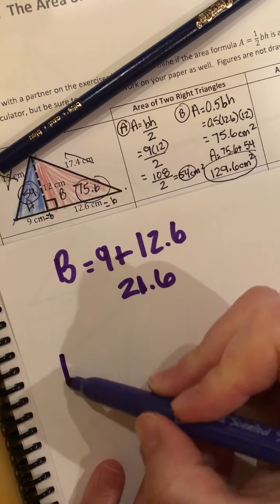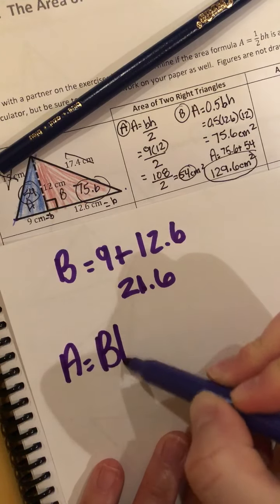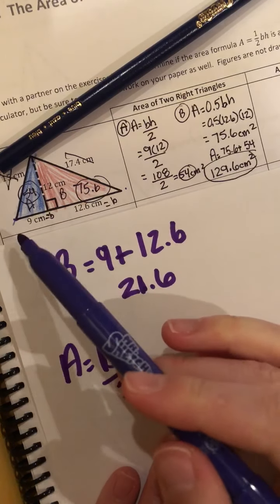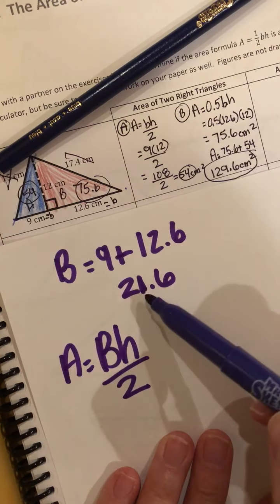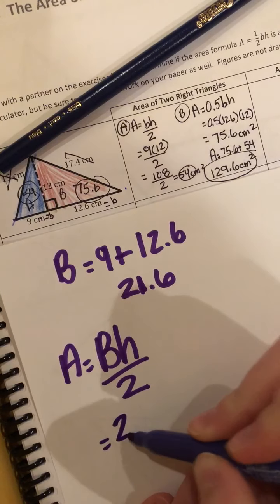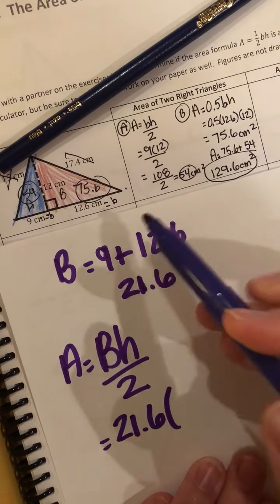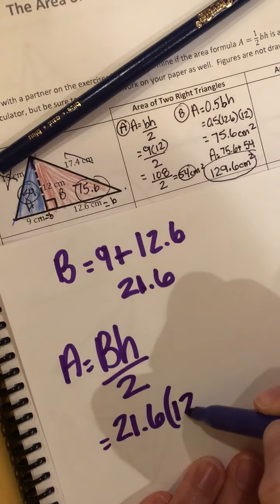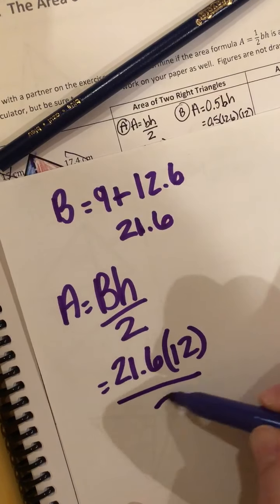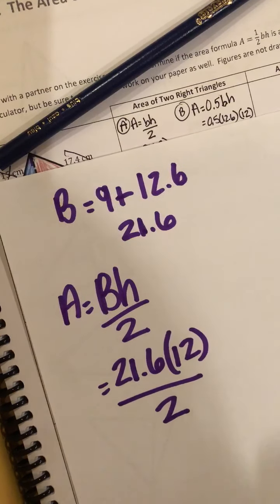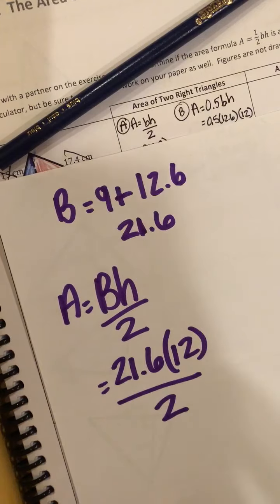So I'm going to write A equals BH divided by 2. The base of this triangle is 21.6. The height remains the same, 12 divided by 2. Be careful. Common mistake in 6th grade is forgetting that divide by 2 when you're working with a triangle.